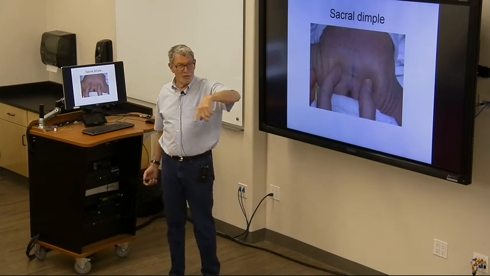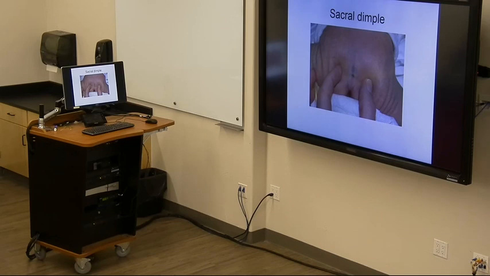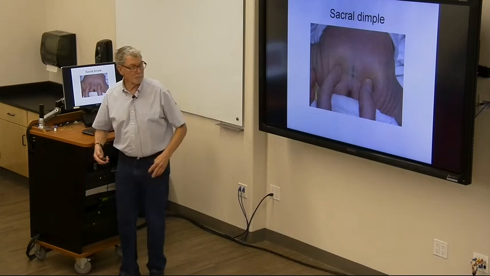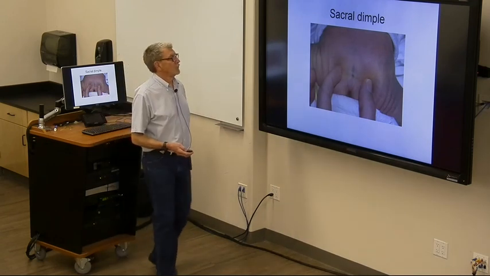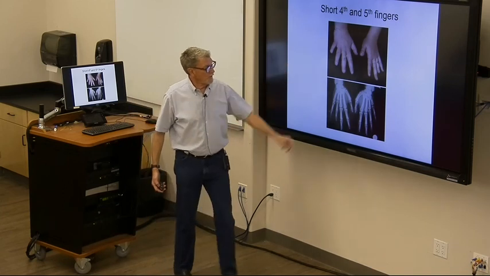That's the end of our spinal column here. We have a tail, it's just inside. Most kids. If it sticks out, then you have a little tail, and they cut it off so you won't get laughed at in the locker room. Unusually short fourth and fifth fingers.